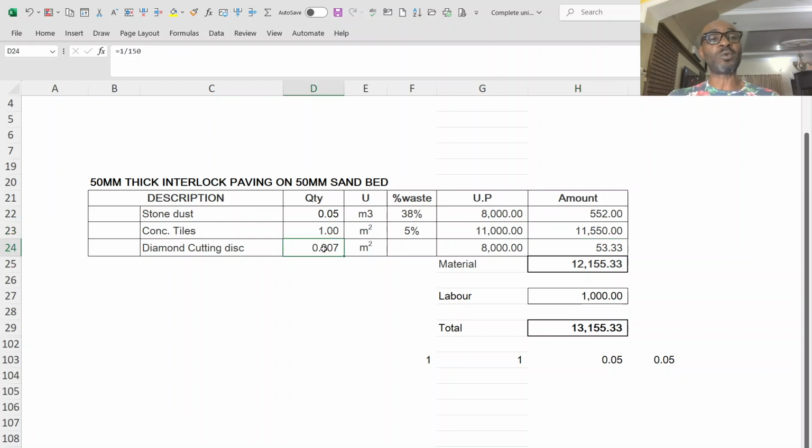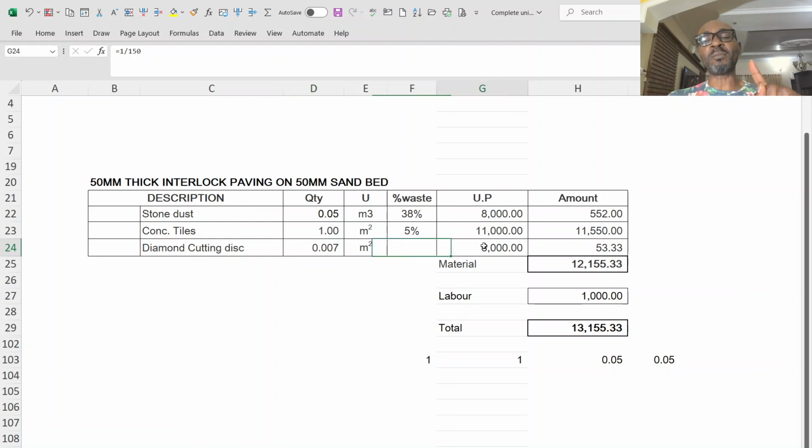So what I did was to say one diamond disc divided by 150 square meter gives me 0.007 per square meter, for 1 square meter, sorry.